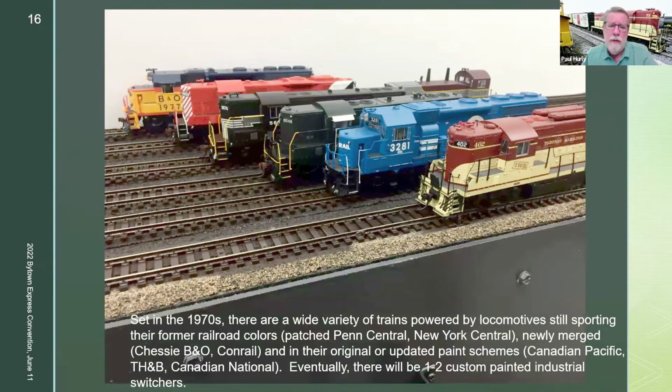And one of the things I realized the more I did research, by the way, my original layout in the 80s and 90s was set in the 1950s, what is commonly called by most modelers and publications, the transition era. But I realized that the 70s in many respects is a transition era as well. One is the change from first generation to second generation locomotive power.